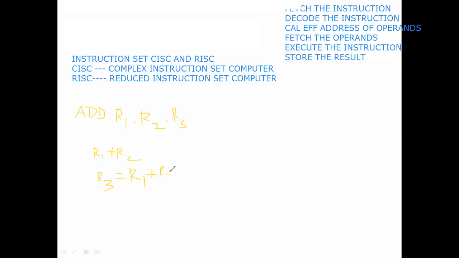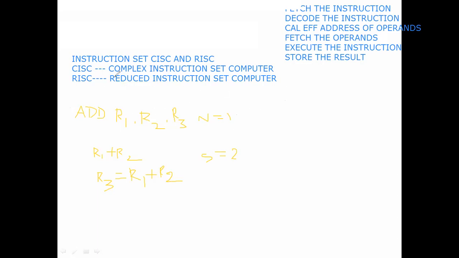If we take these two steps as the important ones here, the number of instructions N equals 1. And how many steps are there? S equals 2 for one instruction. This is a complex instruction.